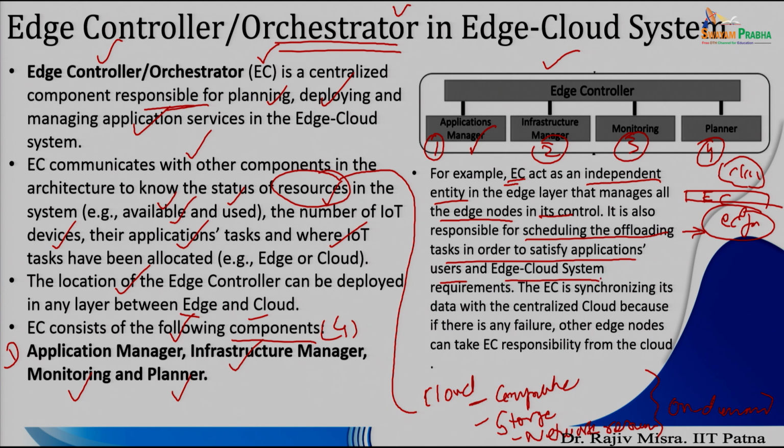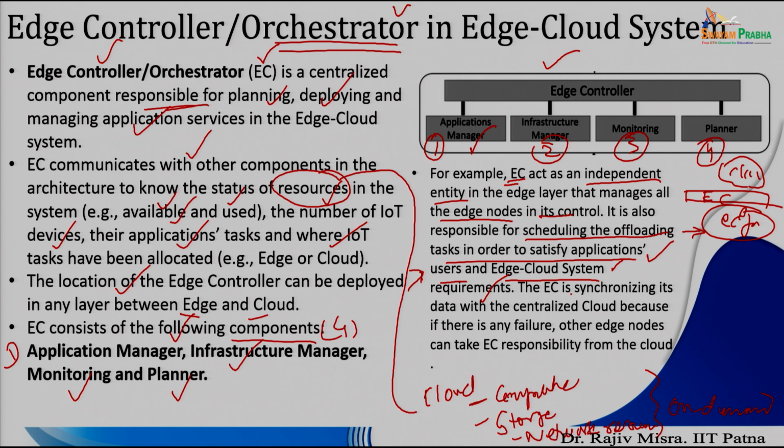So, for example, if the user requires certain resources, it has to now find out the availability, whether it is available at the edge. If not, then it has to be serviced at the cloud. So, the application requirement, and the way resources are to be computed in the edge cloud system, whether it satisfies the latency requirement or not, that is also very important, and the edge controller is responsible for all those things.